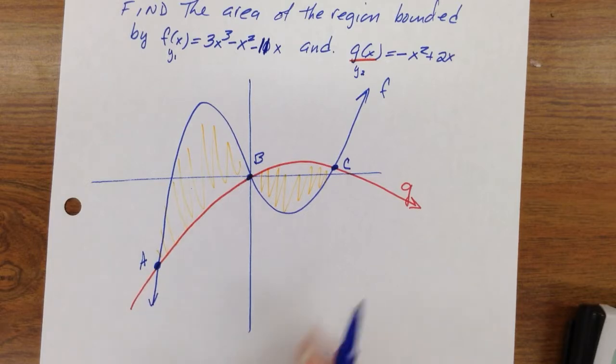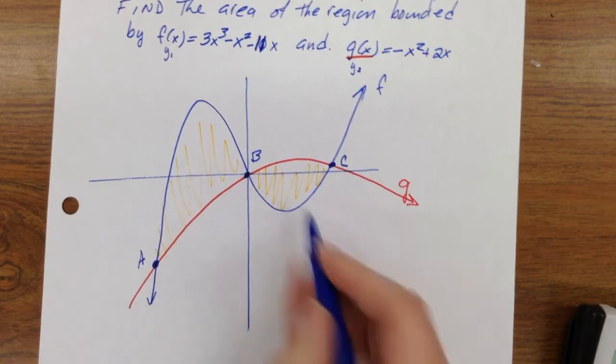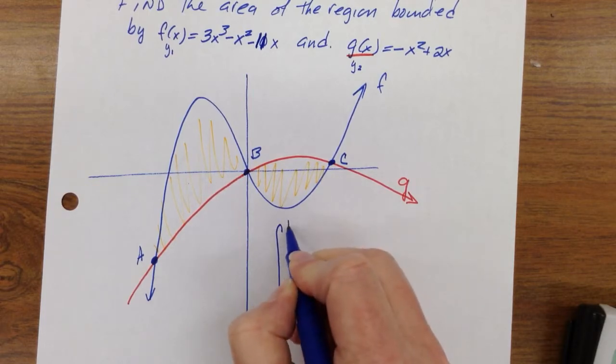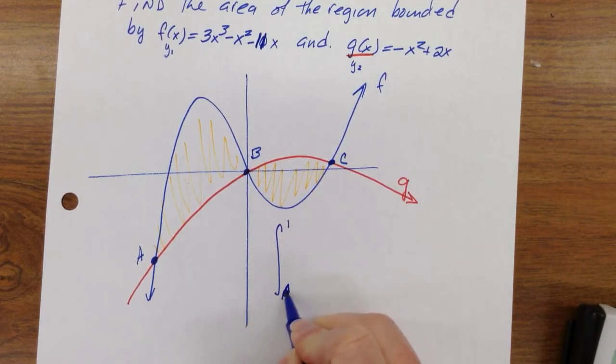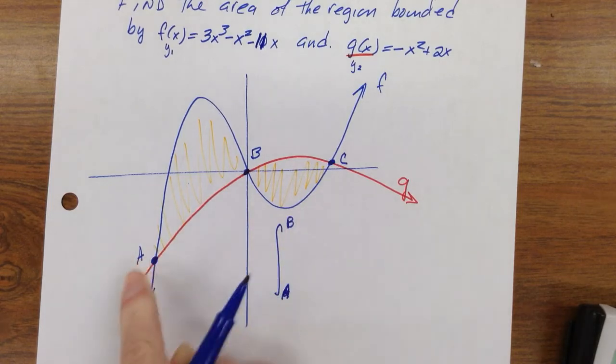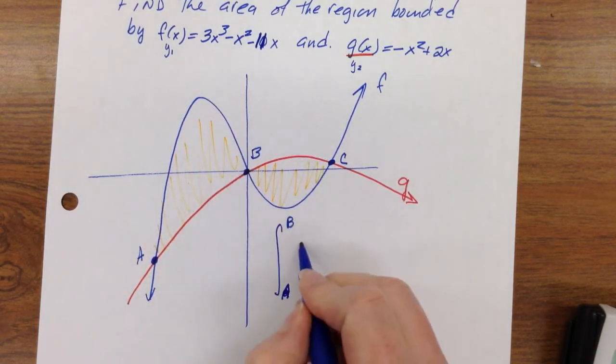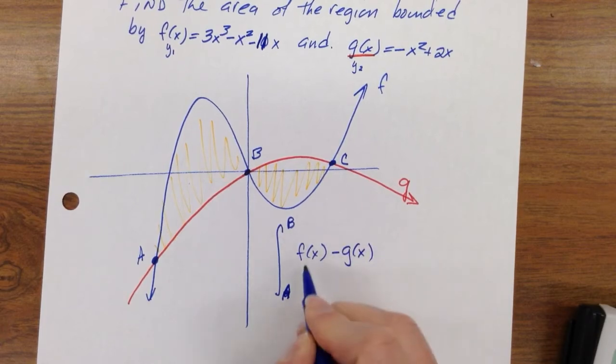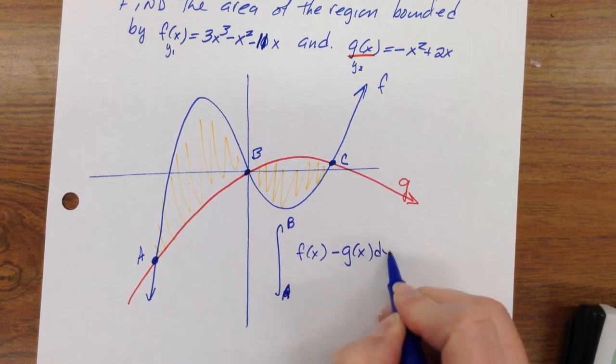So in other words, to find this total area, I will need to integrate from A to B, F on the top, G on the bottom, top minus bottom with respect to x.